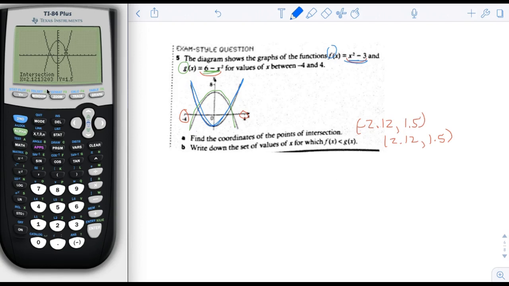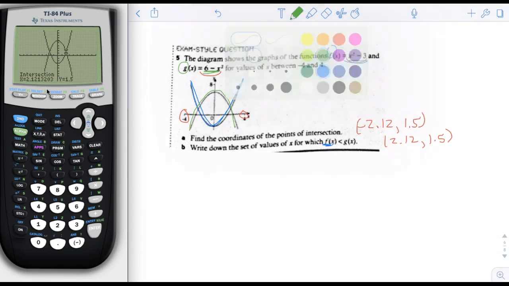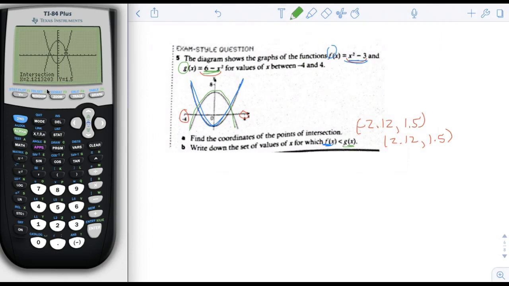What about the numbers for x which make f of x, which is the blue function, smaller than g of x, which is the green function? So when is blue smaller than green? Well, I think that blue is smaller than green in this interval here. Between the left and the right intersection points, blue is smaller than green, right?